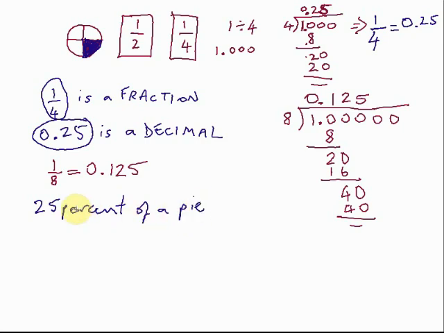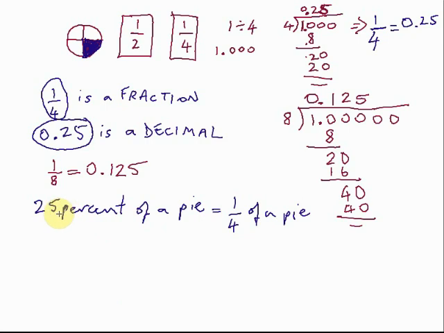Yeah, that looks pretty curious. What on earth does 25% of a pie mean? 25% of a pie is equal to a quarter of a pie.